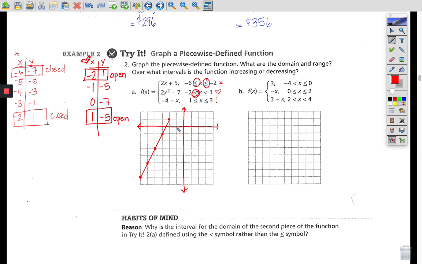So -2, 1 says it's an open circle, but look, that one's already closed for us, isn't it? So can I change it? No, we're going to keep it closed if it's already closed, okay? Then I've got -1, 1, 2, 3, 4, 5, -5, 0, -7, and then positive 1, negative 5.